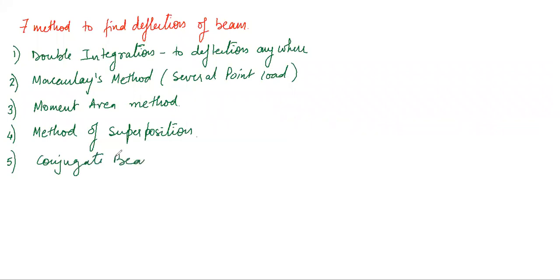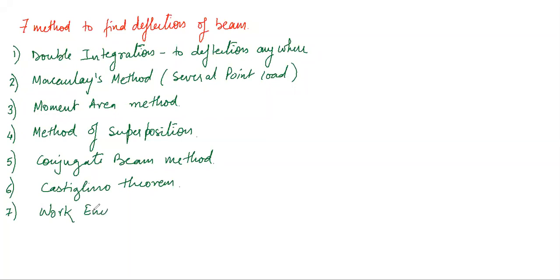The sixth one is Castigliano's theorem. And the seventh one is the work energy method. So these are the seven methods based on which we can find the deflection of the beam.